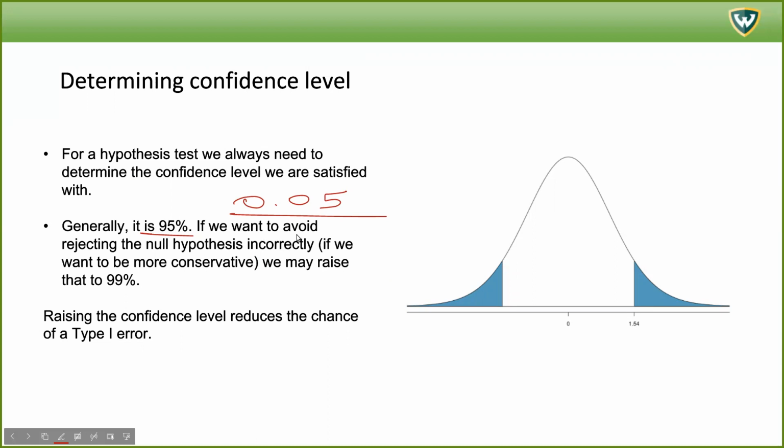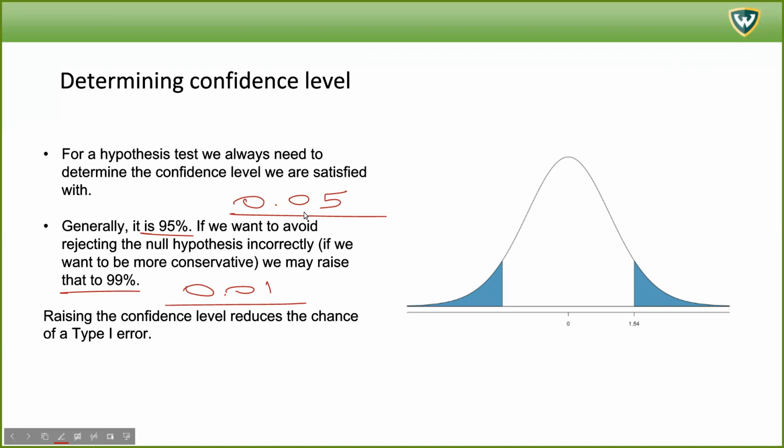If we want to avoid rejecting the null hypothesis incorrectly, that is, if we want to be more conservative and make it difficult to reject the null hypothesis, we may raise our confidence level to 99%, so that we would have to compare our p-value with 0.01, meaning we would want our p-value to be less than 0.01 to reject.